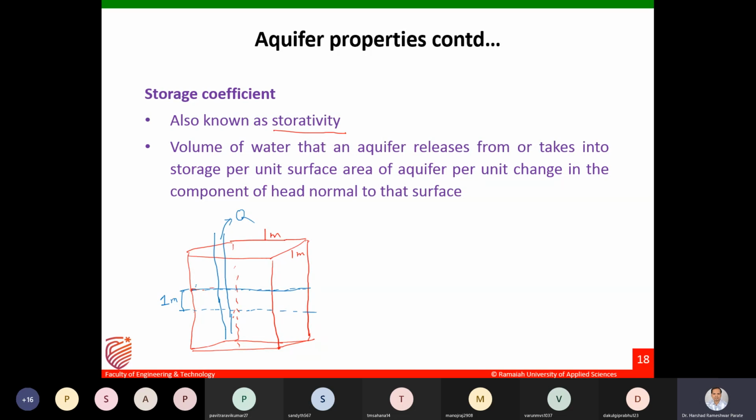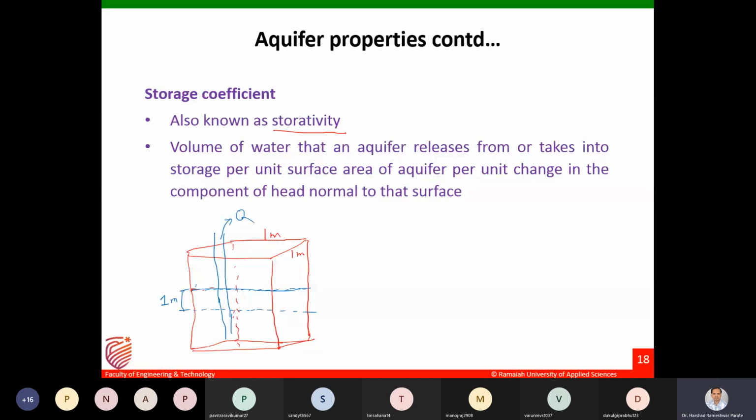Same happens with the recharge. If the water level is here, if I am recharging, the quantity of water required to raise the water level by 1 meter is also storage coefficient. Both the quantities will be same. So that is what is mentioned here, the volume of water that an aquifer releases from or takes into storage per unit surface area of aquifer per unit change in the component of the head normal to that surface.